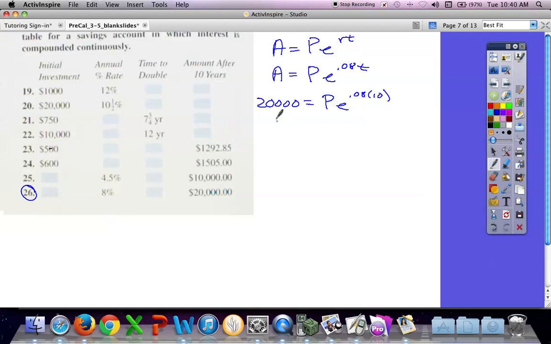So P equals 20,000 divided by e to the 10 times 0.08, which is 0.8. Okay, so what is that? $8,986. Maybe let's round it up and just say 8,987.